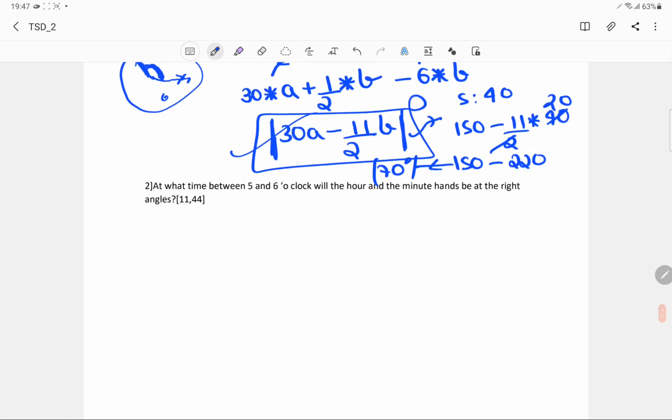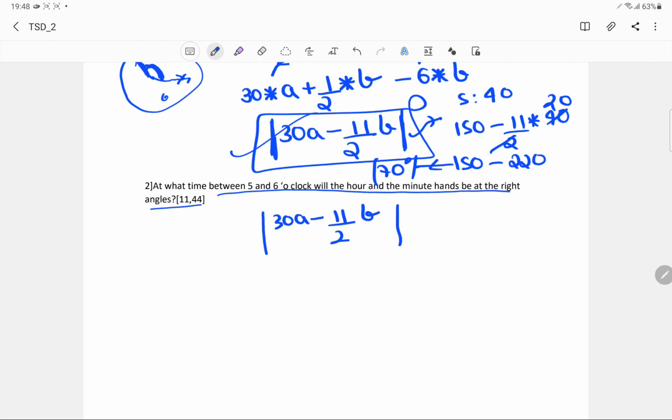Now, we got this formula, that is 30A minus 11 by 2 into B. This is the mod part, and this is the angle difference between the hands. At what time between 5 and 6 o'clock will the hour and the minute hand be at right angles with one another?